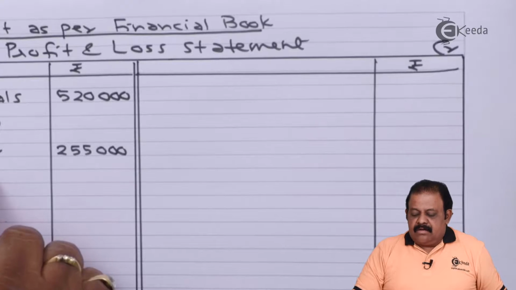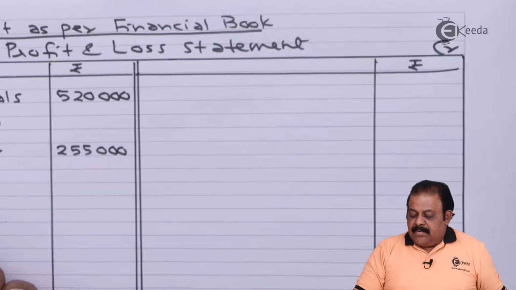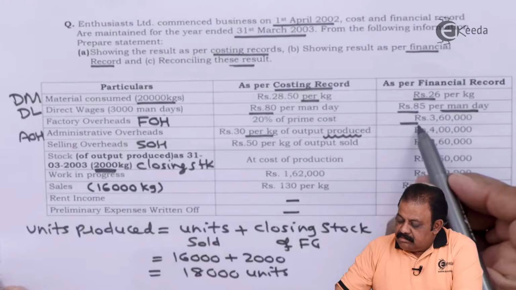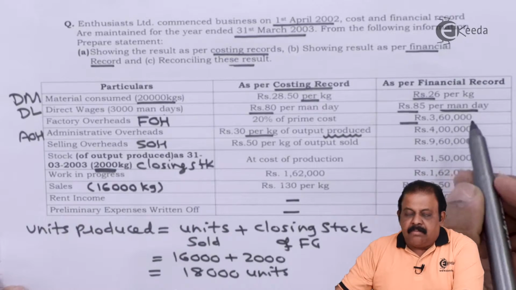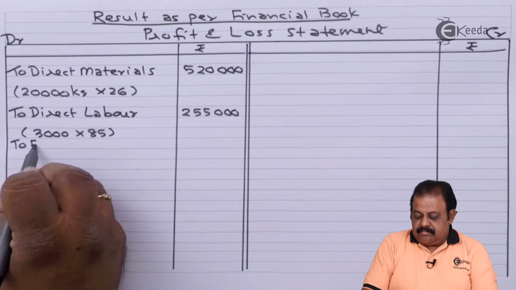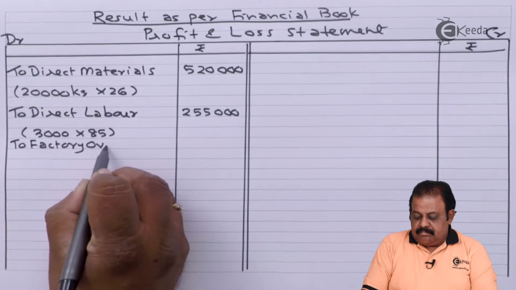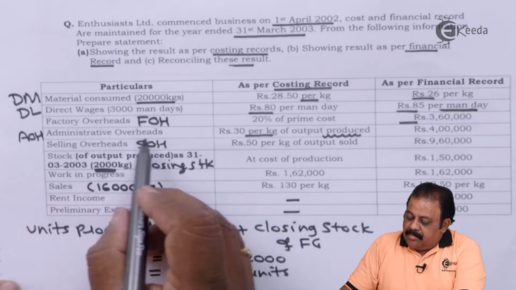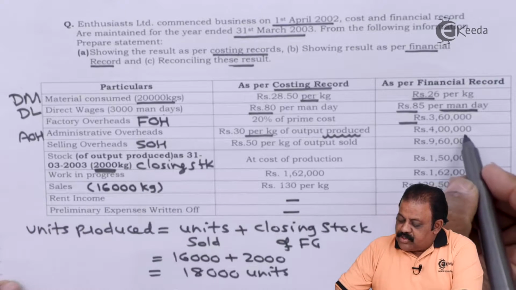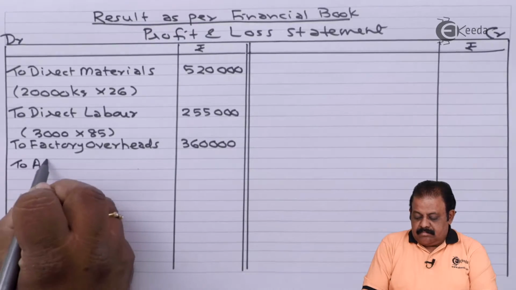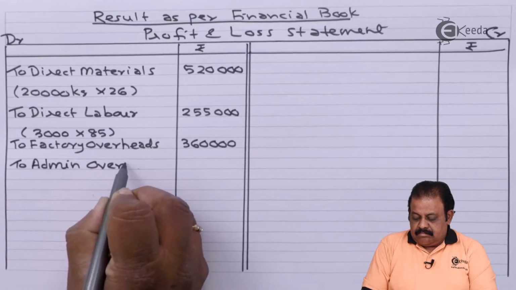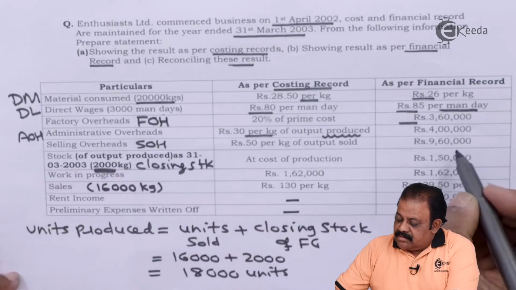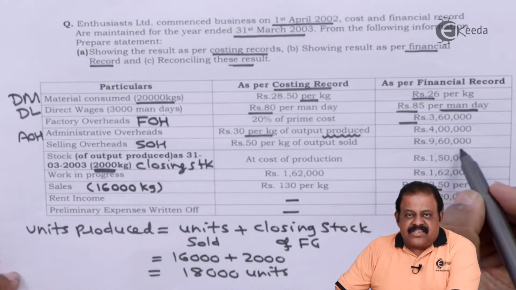So direct labor 3000 man days multiplied by 85, it will be 2,55,000. Factory overheads rupees 3,60,000 paid. Administration overheads rupees 4 lakhs. Selling overheads rupees 9,60,000.